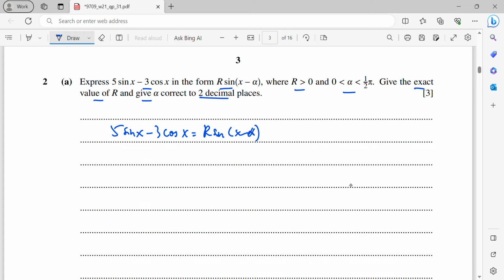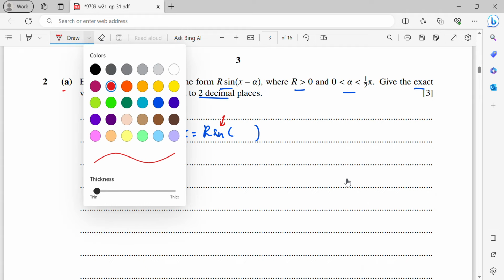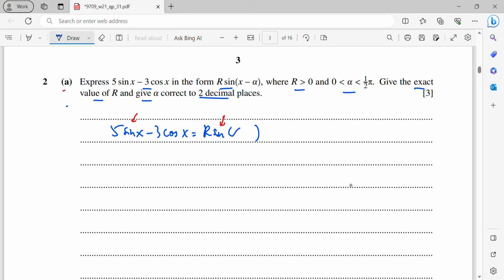For your information, the first one must be sine, because when we do expansion, sin(a minus b) gives sin a cos b minus cos a sin b. That's the reason.